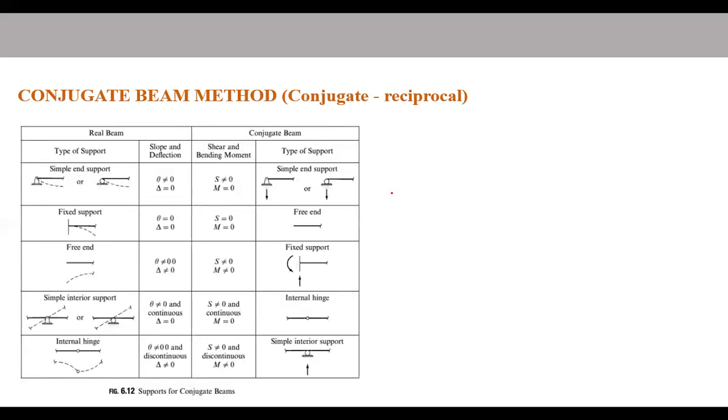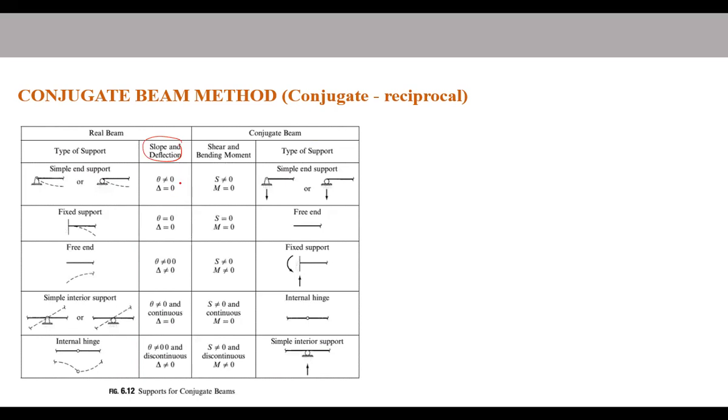And when you convert a real beam to a conjugate beam, this is what we need to look at. If a real beam has a pin support, what can you say about slope and deflection at that pin support? At a pin support, you can have a slope, but you cannot have a deflection.